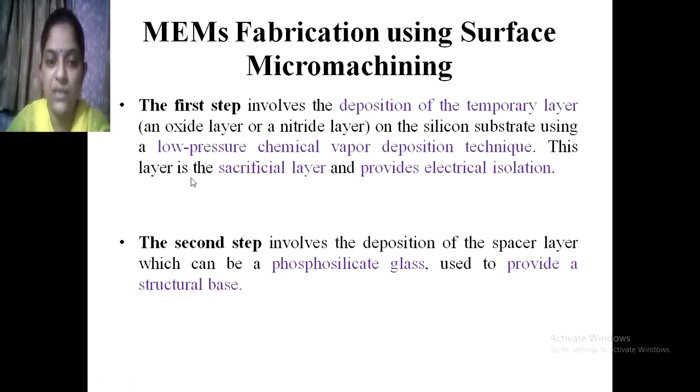This layer is the sacrificial layer and provides electrical isolation. Then in the second step, deposition of the spacer layer, which can be a phosphosilicate glass, used to provide a structural base.